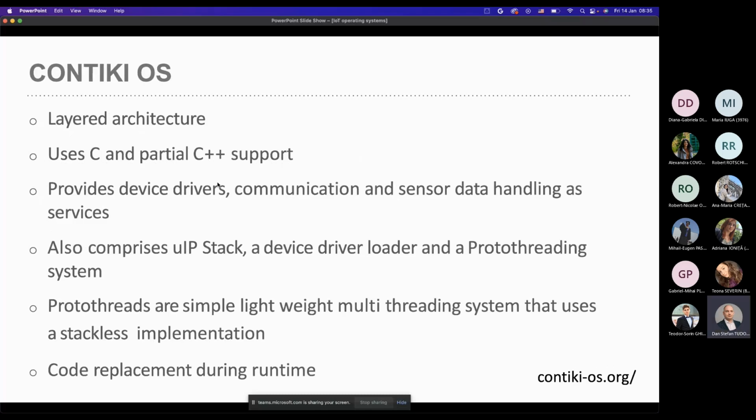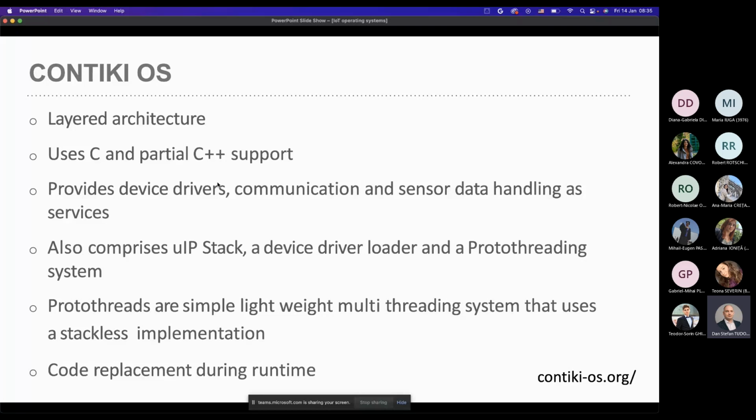Another one, which we're going to actually talk about a lot today, and we're going to have a demo, is called Contiki OS. This one was implemented as a research operating system initially. So it has its origins at university level.